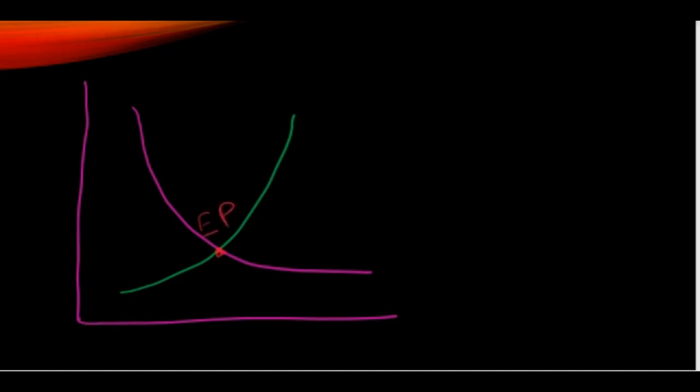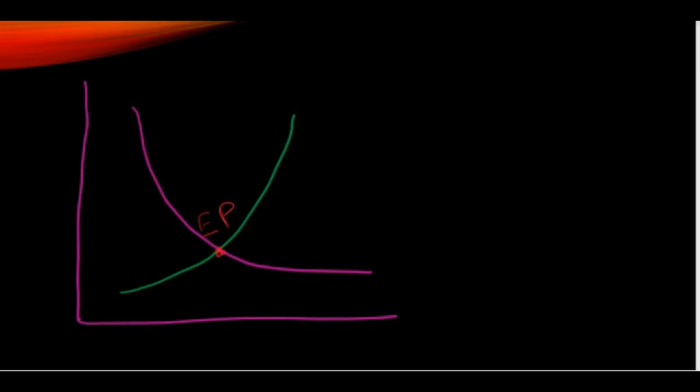So this is, let's say, demand curve, and this is supply curve. So here this point is called equilibrium point. Why we are calling this as equilibrium point, we will look at it shortly.